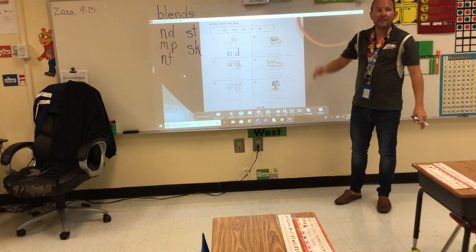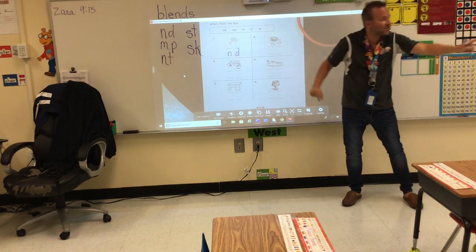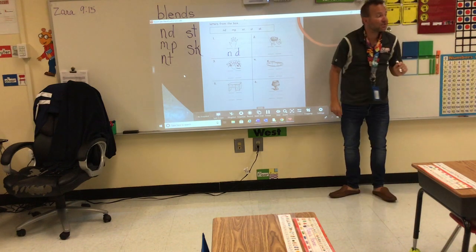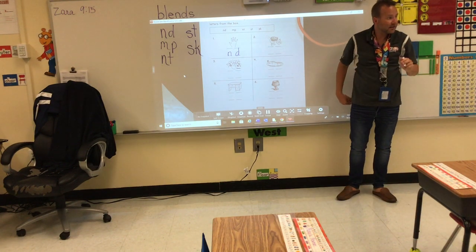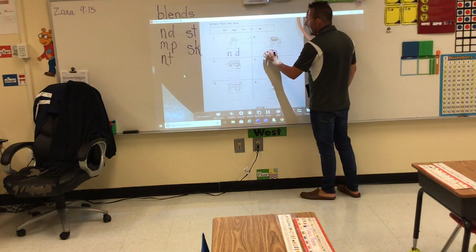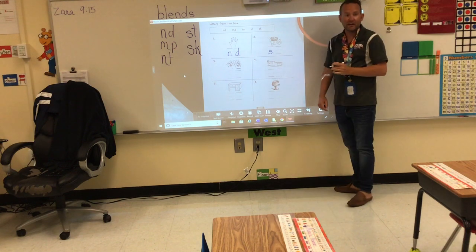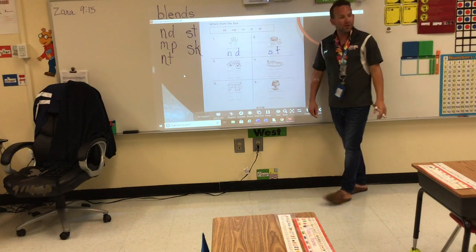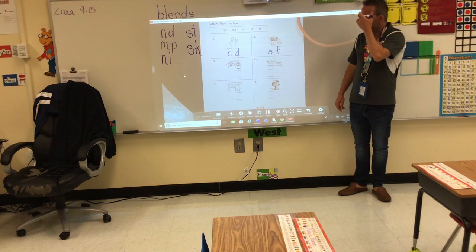What blend did you hear at the end of nest? And what letters go? What two letters? Name them for me. S-T. S and T. Good. S is a small letter because it's lowercase. And the T is a tall, big line down, cross in the middle. Good. Nest. Check your work.